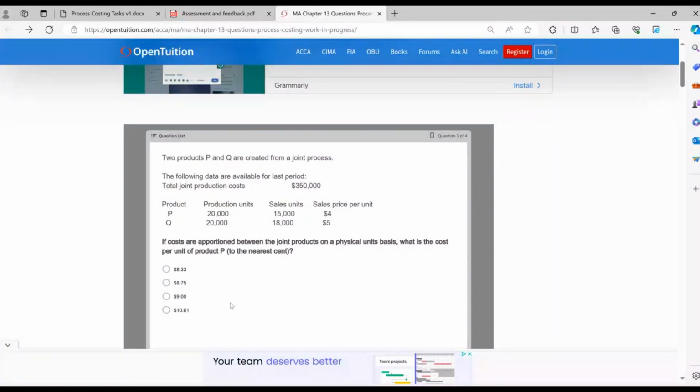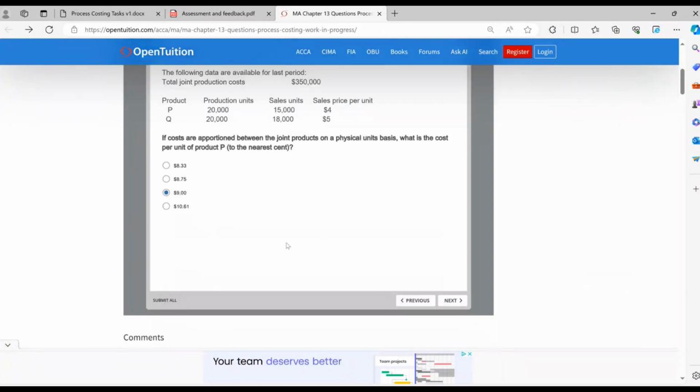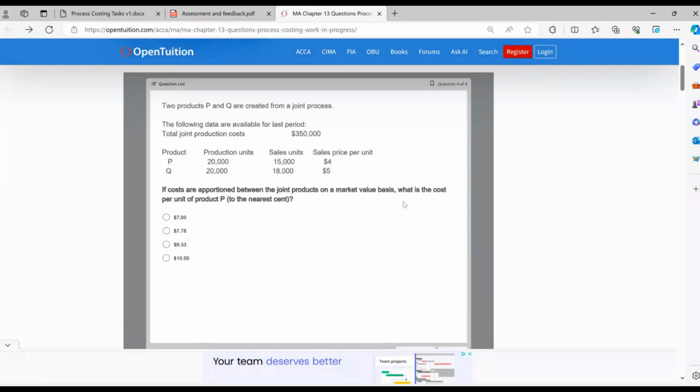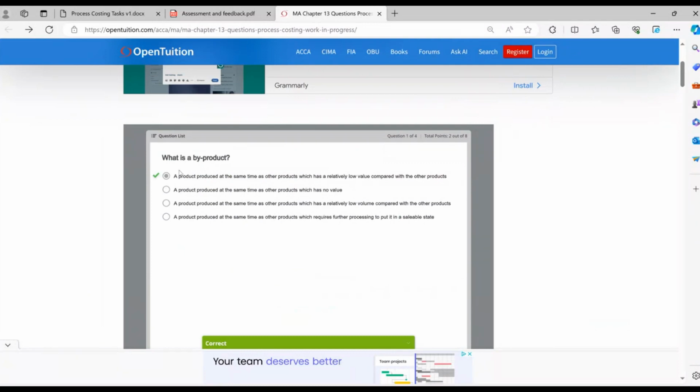You have to find out the production unit portion because it says physical unit based, and then you can use different percentages to get the cost of a different portion. But in this one, it asks you to use market value base, which is different from the first question. So you need to calculate the sales value, which is the market units times the sales price, and you get the proportion of P and Q. This is the right answer.